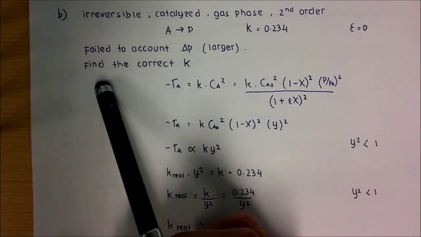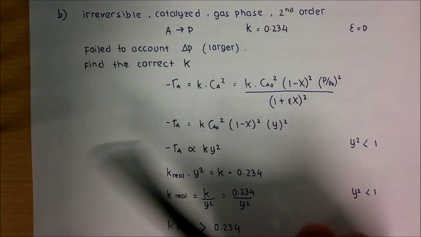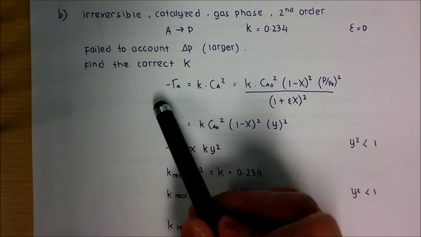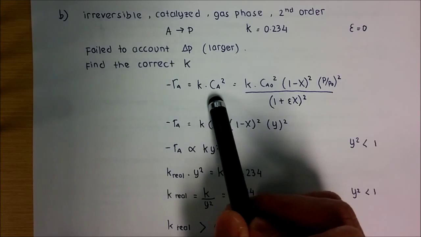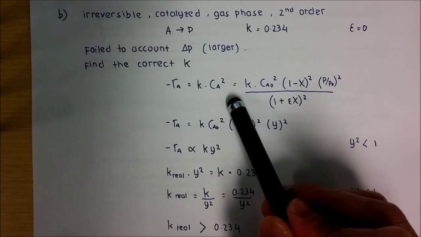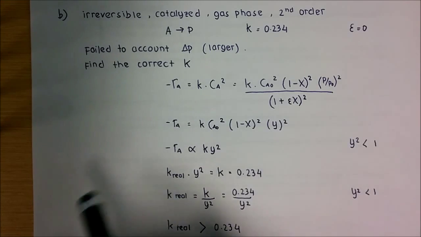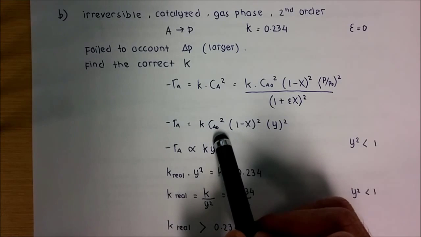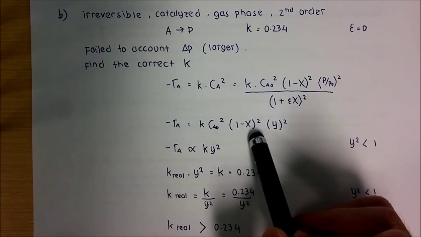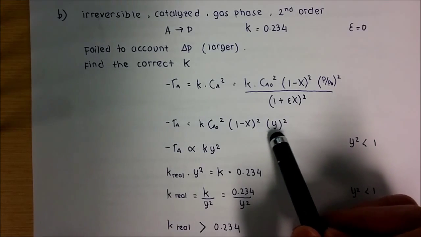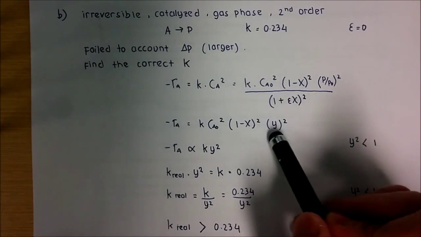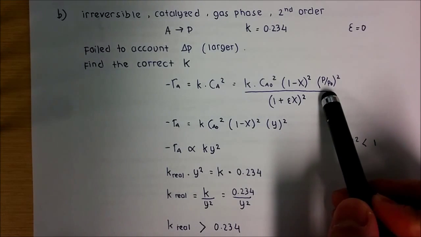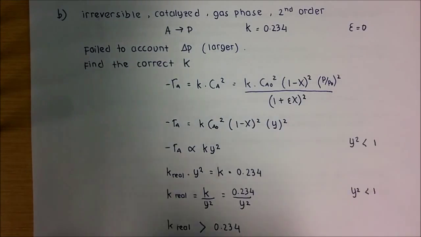So in this question, we need to find the correct k. If we have the reaction A goes to P, which is second order, the rate law is going to be equal to k times Ca squared. And if we break it down based on stoichiometry, we end up having a rate law of k multiplied by Ca naught squared multiplied by (1 minus X) squared multiplied by y squared, where y is actually the pressure change, P over P naught.